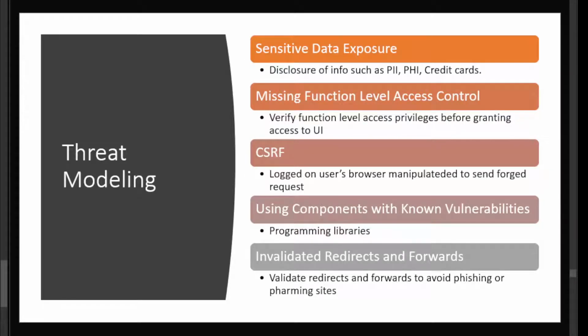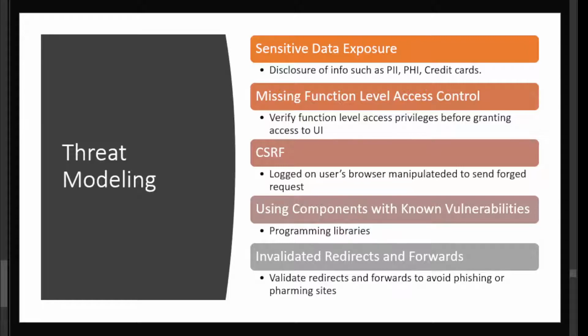More threat modeling. You have sensitive data exposure, disclosure of information such as PII, PHI, credit cards. Missing function level access control: verify function level access privileges before granting access to the UI. Cross-site request forgery, CSRF: the logged-on user's browser is manipulated to send forged requests.